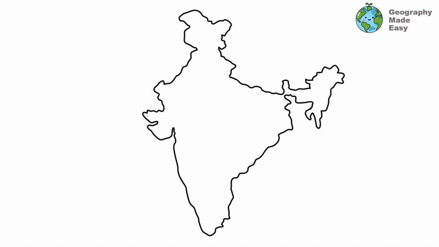We will start to understand the way in which the Indian monsoons function with the help of the two branches of the monsoon winds. Because of the peninsular shape of India, the monsoon winds divide into two branches. The first branch is the Arabian Sea branch, and the other branch of the monsoon is the Bay of Bengal branch.